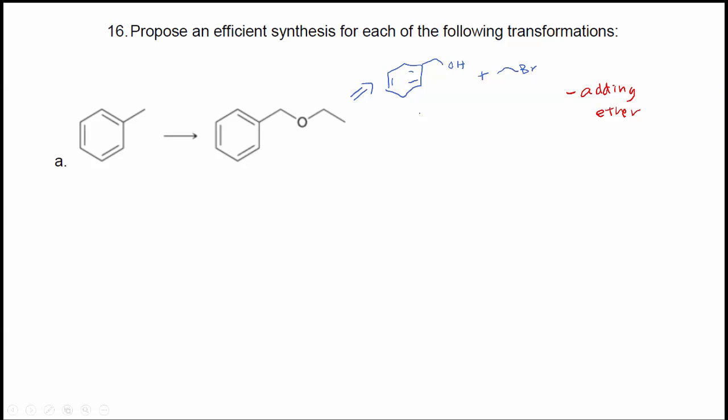So in order to make the OH there, we need to have a leaving group. Okay, so leaving group there, and then we can do that with NBS.